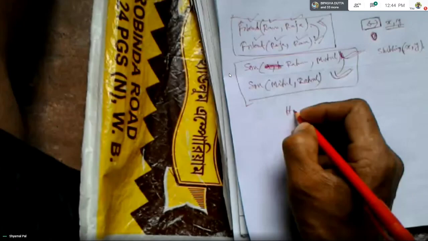Husband(x, y) implies wife(y, x). Any question at this one? If x is the husband of y, then definitely y is the wife of x. Any question here? No question.